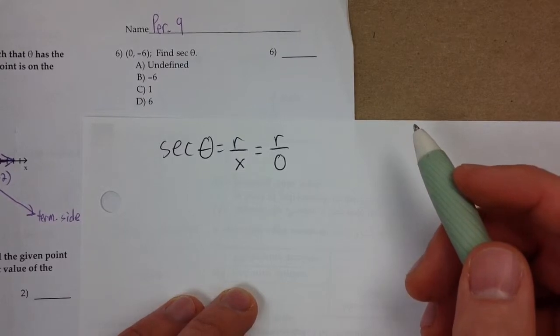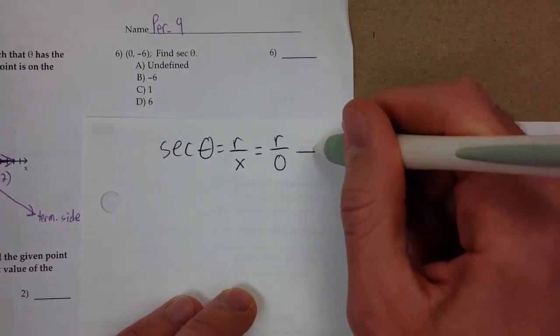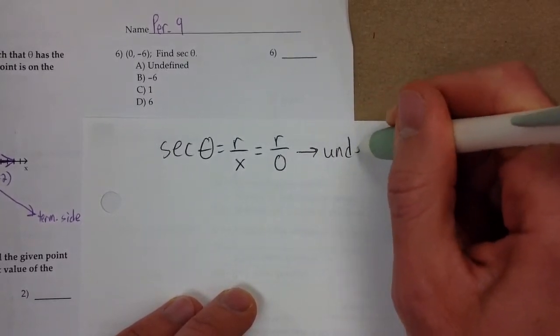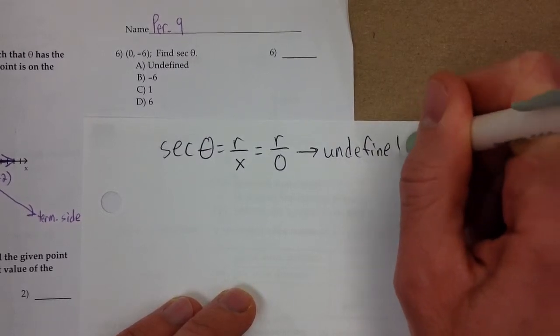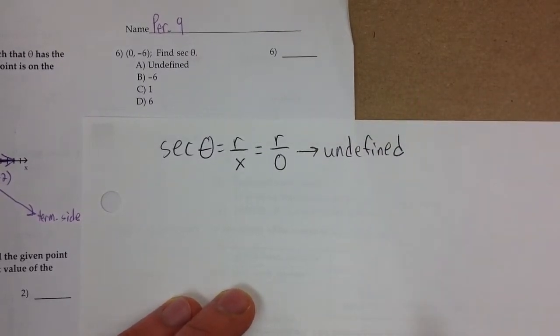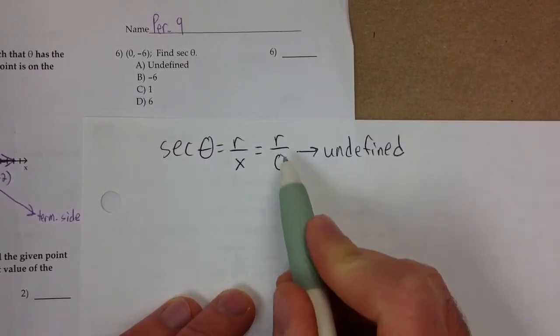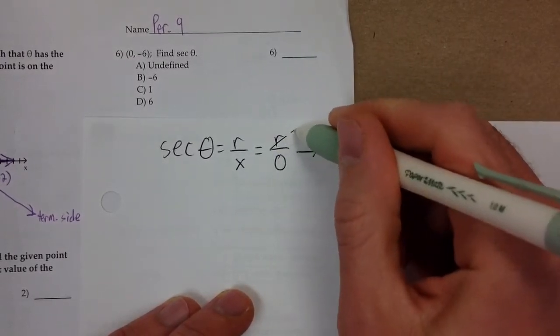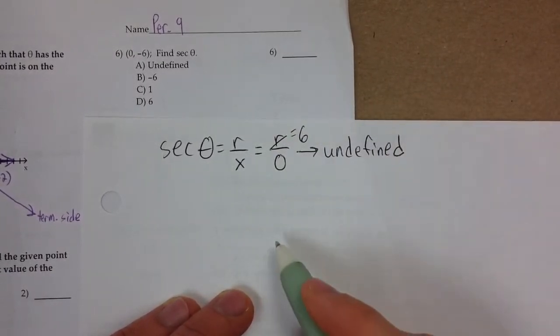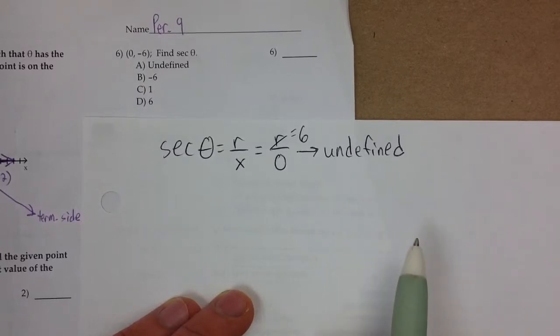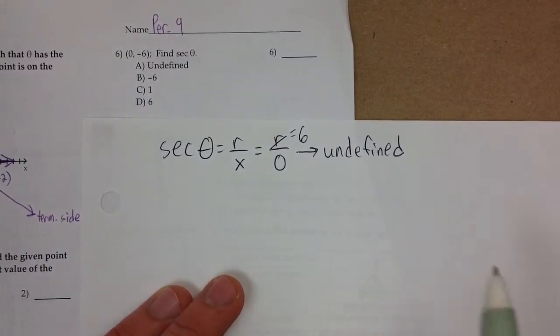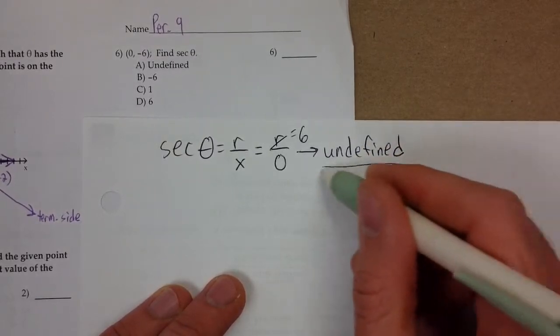That's right. It doesn't matter what r is. I mean, just so you know, r is 6 here. But who cares? Anything over 0 is undefined. We good? So undefined.